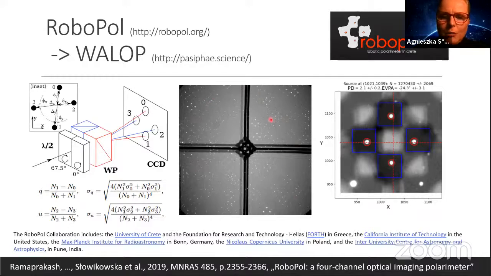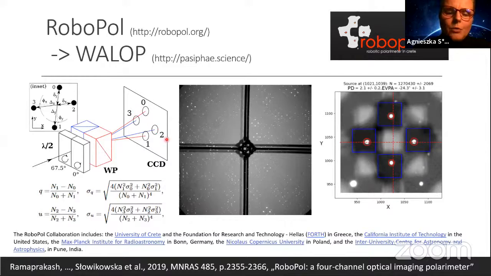This is the whole image from the CCD camera of RoboPol. The mask is necessary here to reduce reflections on the source. Each source is presented as 4 spots, and they correspond to the intensity in different polarization planes. So again, it will be 0, 90, 45, and 135.